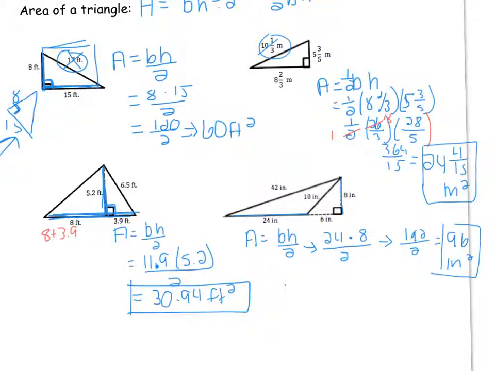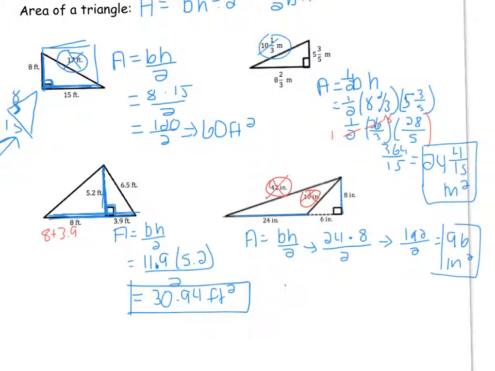This one is a little different because here the height is on the outside. We couldn't find the height going up, the distance between the base and the opposite corner inside, because it's slanted too far out. So we had to have our height on the outside. So we are still not using our other side lengths.